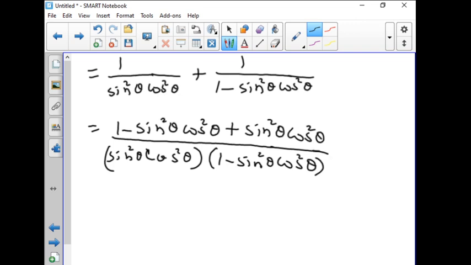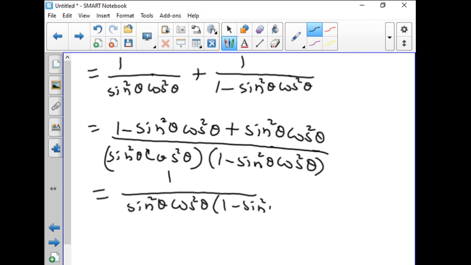Okay, it is not cross multiplying. We are taking LCM. Sin square theta cos square theta is here; what is not there, we multiply with the numerator. So now these two terms get cancelled. So you get 1 by sin square theta cos square theta into 1 minus sin square theta cos square theta.